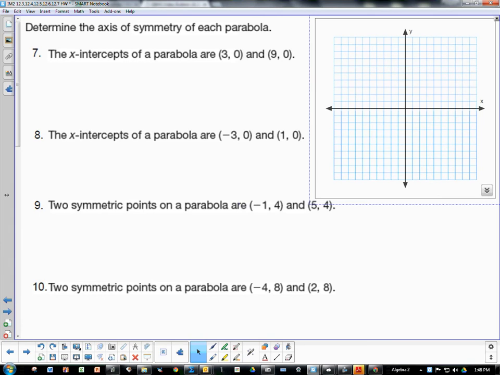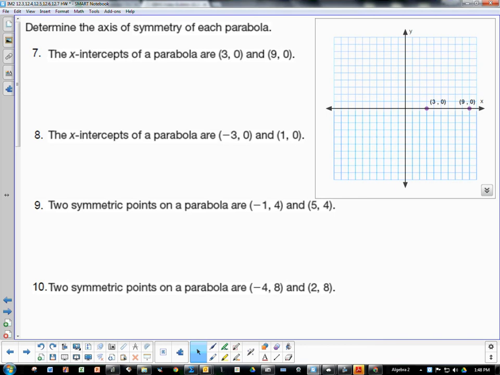And number 7 indicates that I have x-intercepts at 3, 0 and 9, 0. So 3, 0 would be about right here. 3, 0. There it is. And 9, 0. There's 9, 0.